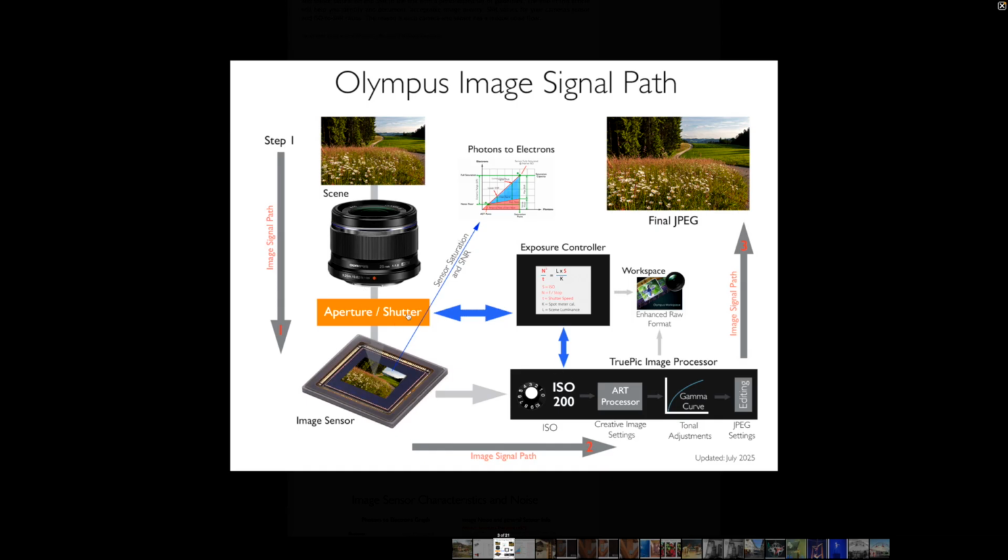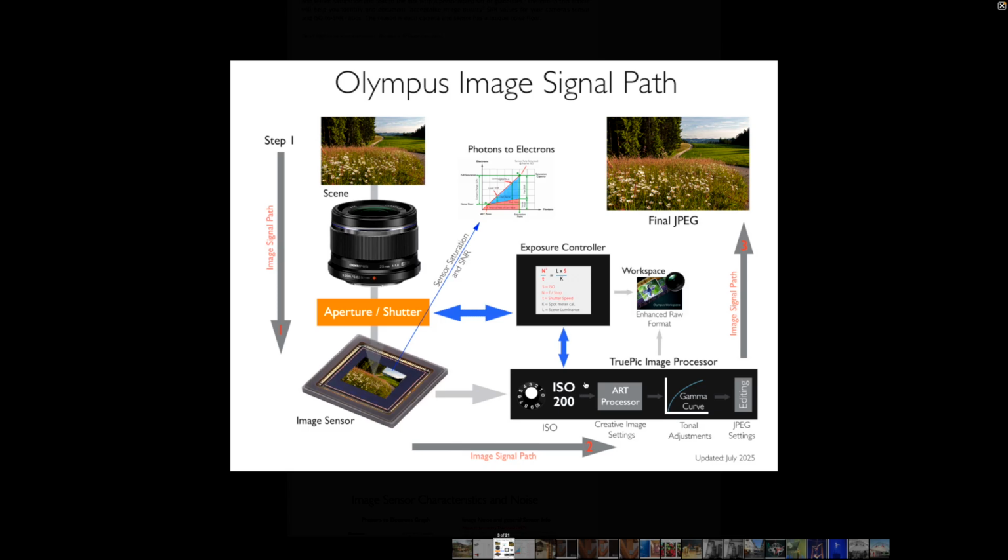The aperture and shutter control the performance, or how well the sensor performs, and we can see that with this photons to electrons graph. See my articles for more, and you can also see the link between Workspace and exposure compensation back into Workspace.